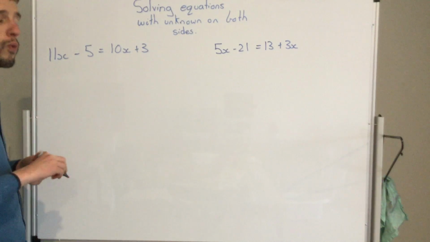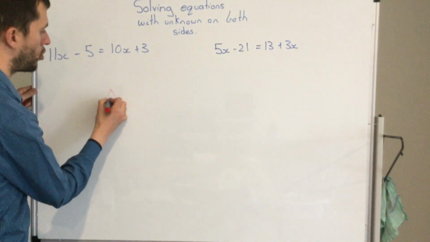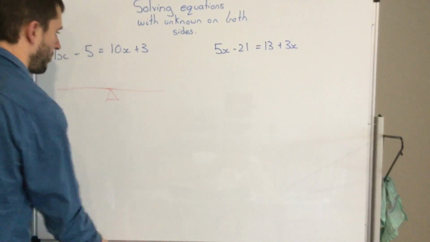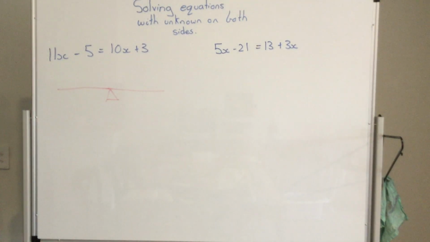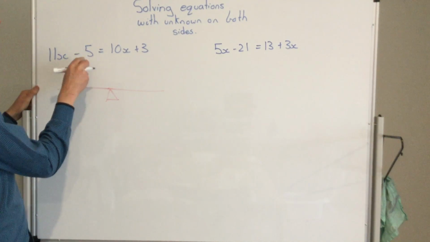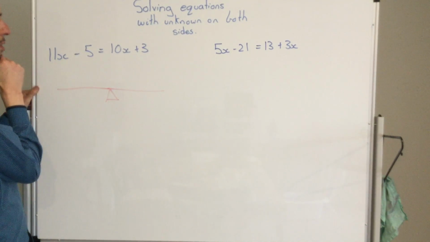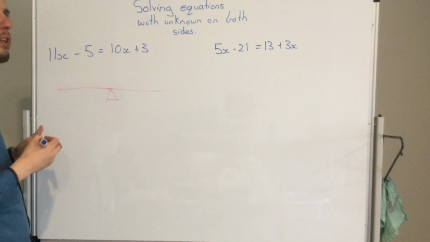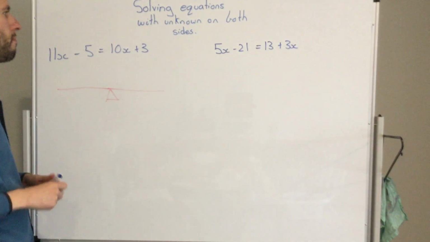So I'm going to rewrite this, but first I'm going to draw a lovely balancing beam, just to make it easy for us to see. So, the first thing I'm going to be doing is I want to get all my like terms together.